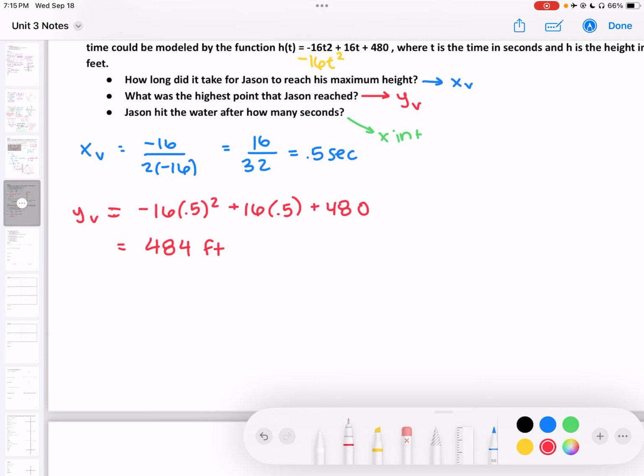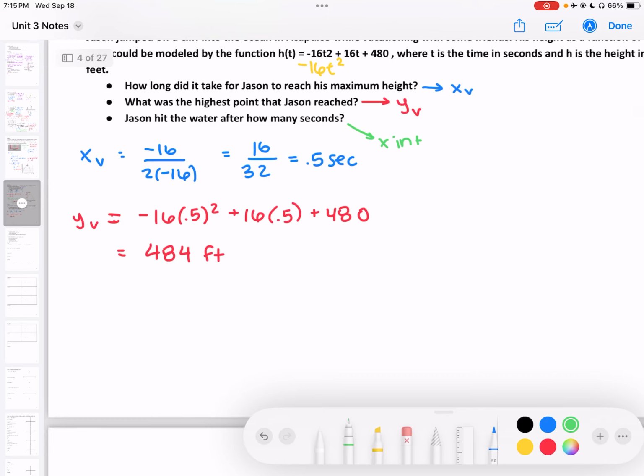And then when does he hit the water? We have x-intercepts that we need to find. So negative 16t squared plus 16t plus 480 equals 0. Again, the quadratic formula is your friend here.